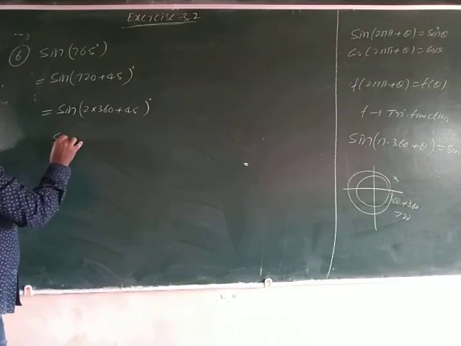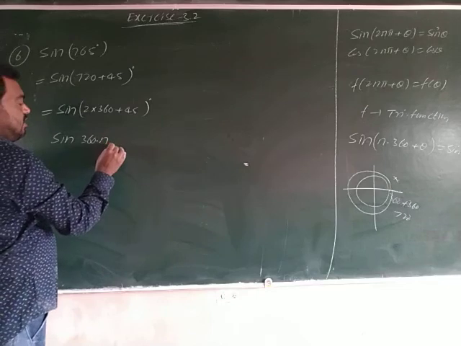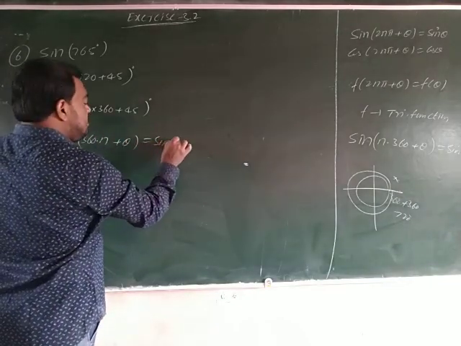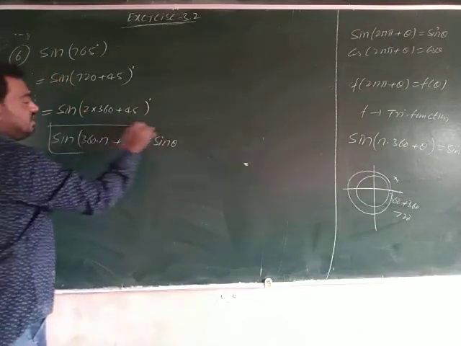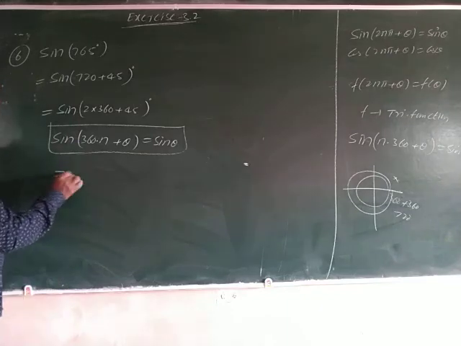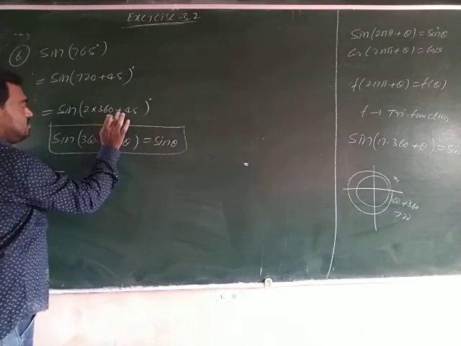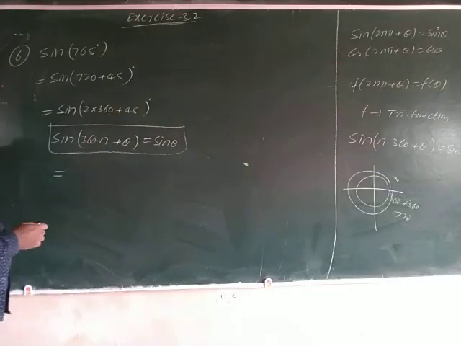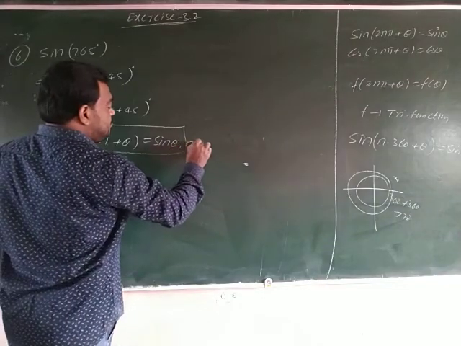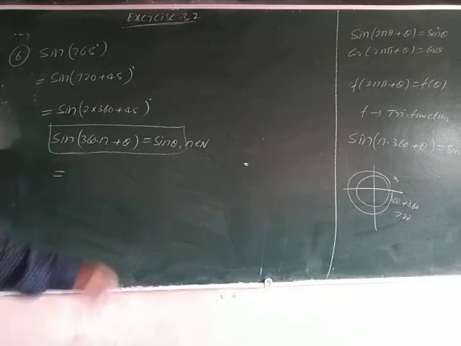It is in the form of sine of 360 into n plus theta is equal to sine theta only. Here n, a multiple of 360, belongs to the natural numbers.